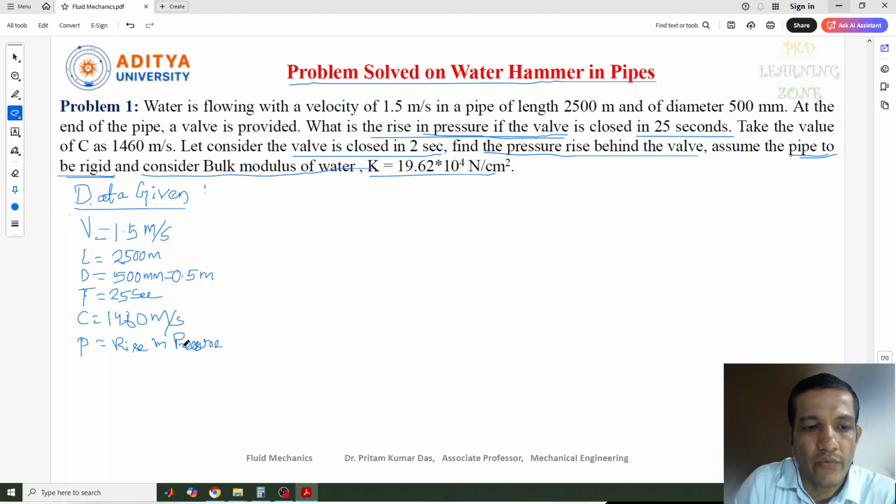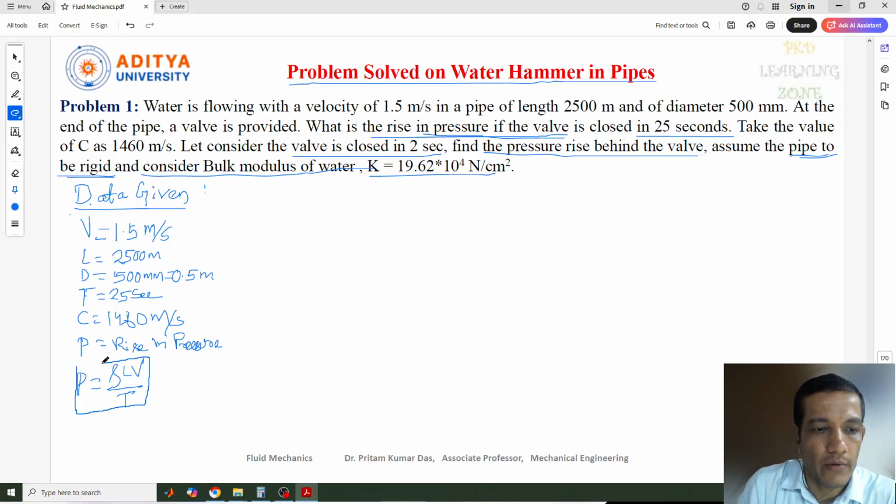When the valve is closed, the pressure will rise, and a high pressure wave will be formed at the back end of the valve. So here we need to find out the pressure actually. We know that for this condition we have derived the formula P equal to rho L V by T. Now we need to first check whether the condition on T is satisfied or not.